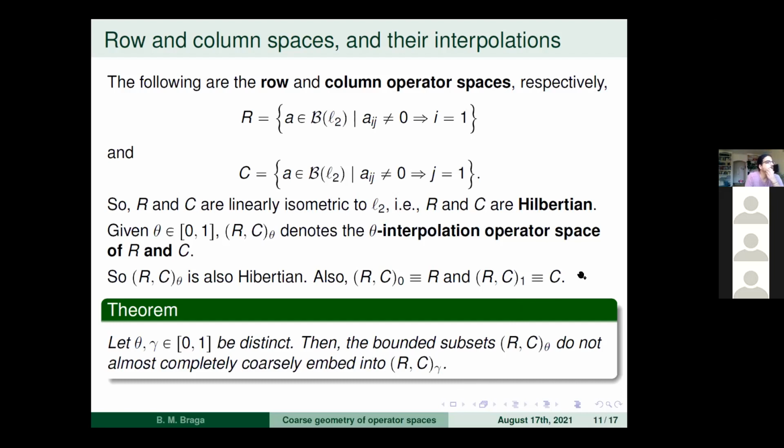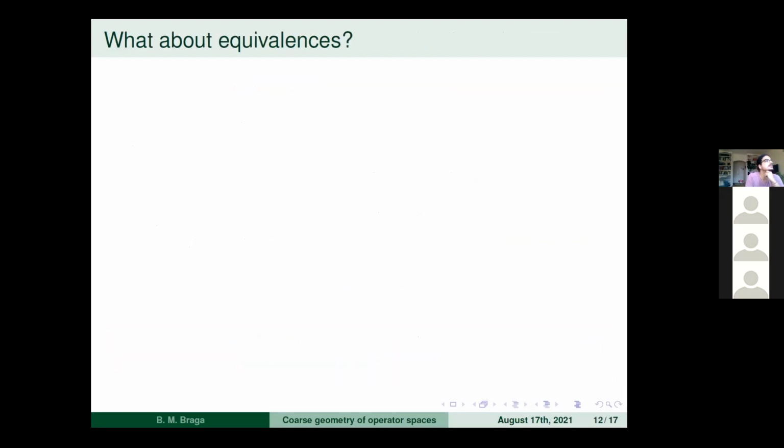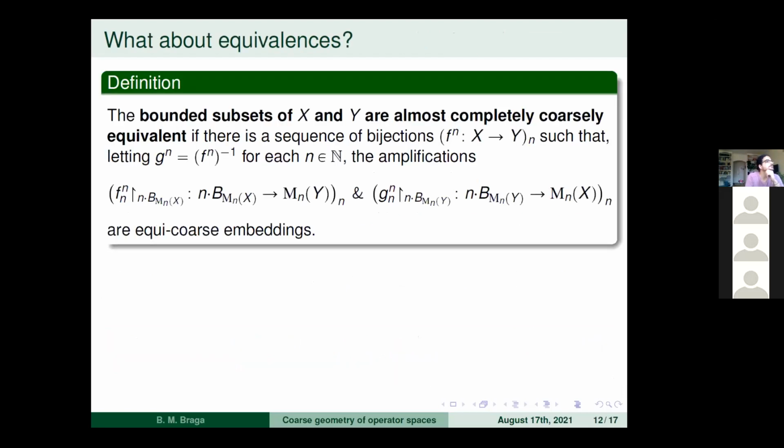Okay, and now what about the two problems, 3 and 4, that I wanted to fix? I wanted to have examples of equivalences, not only of embeddings, and examples happening in the separable world. So first, what would be the equivalence? I didn't write it before, but this is what I'm calling an equivalence in this scenario.